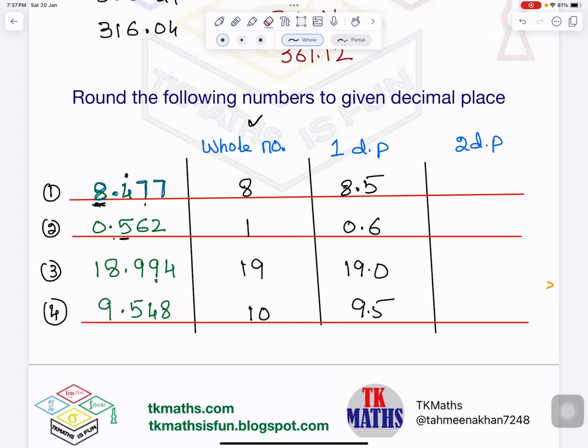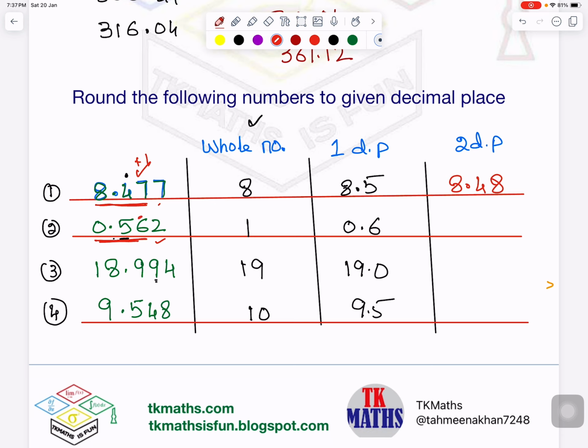Okay. Now 2 decimal place. So now I have to give my answer till here. So what is the digit after this? 7. So it means this will increase by 1. So it will be 8.48. Now again here I have to give answer till 2 decimal places. So the digit after this is 2.